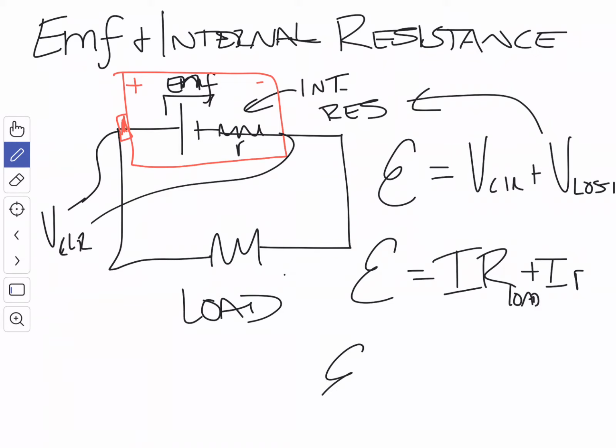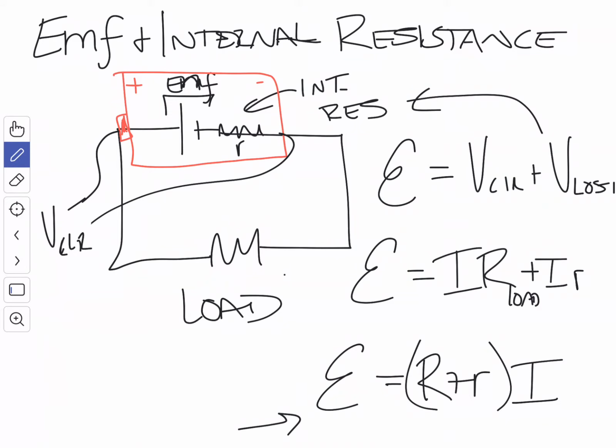Based on that, we can say that capital R plus lowercase r times the current is equal to my EMF. So let's go through just a few examples and put some numbers to this to see how this would work.